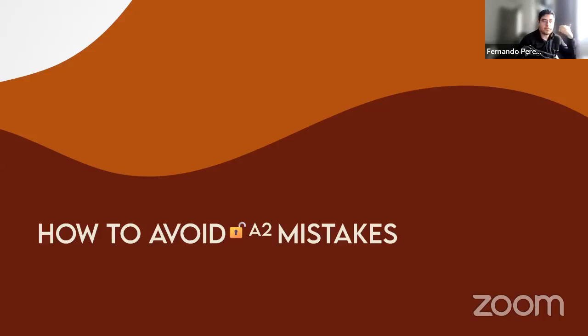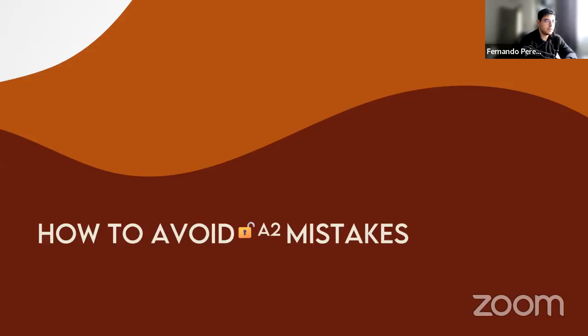The previous class, we talked about common mistakes, mistakes that usually happen in English, right? Especially at level A2. In this moment, let's talk about structures. Avoid mistakes. Just a second. Here we go.